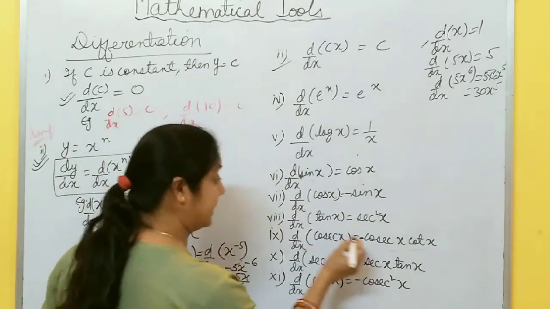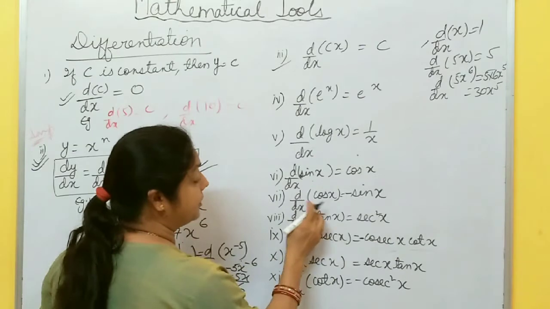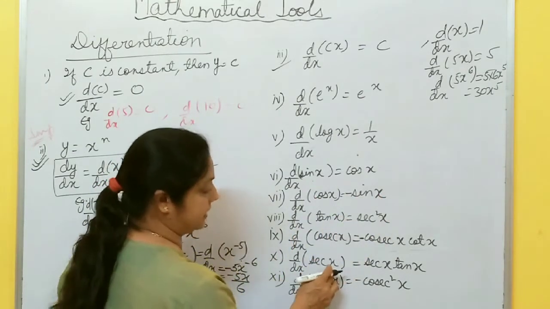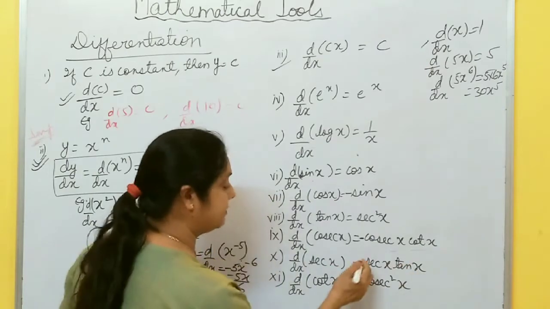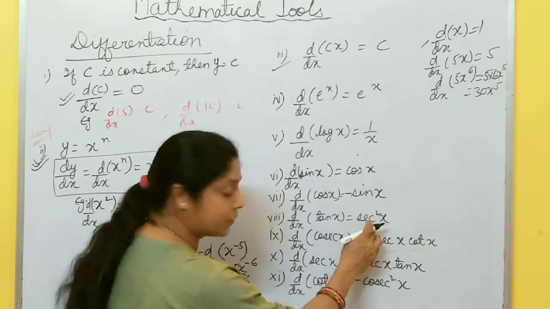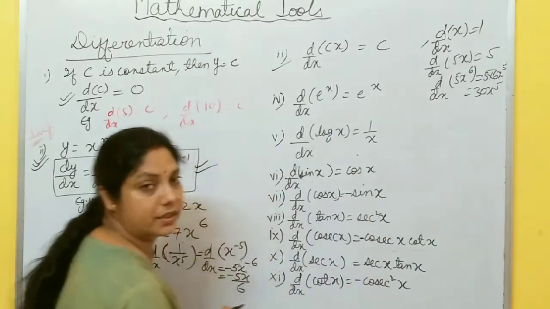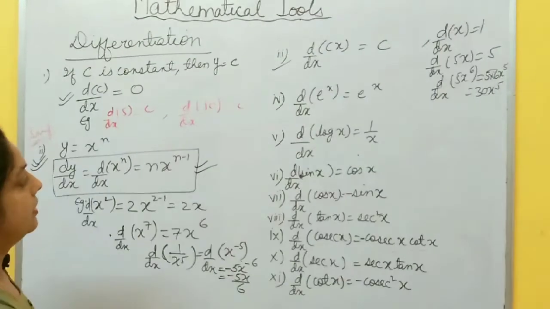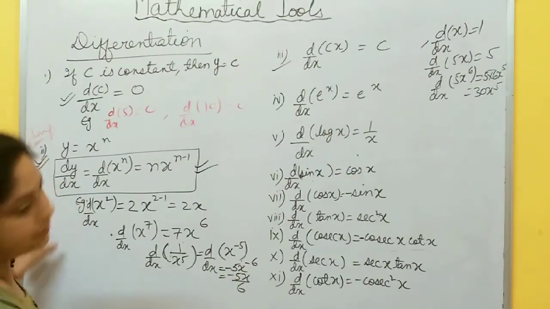Here a minus sign is there. Differentiation of sec x is sec x tan x, plus sign is there. And differentiation of cot x is minus cosec square x. So you have to revise all these formulas. It's very, very important.